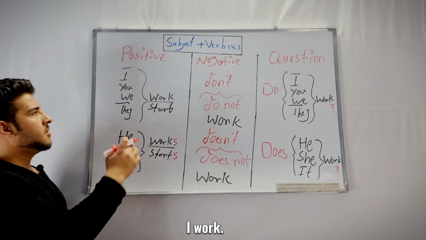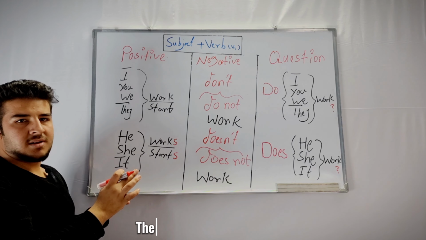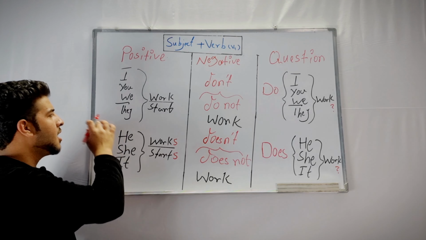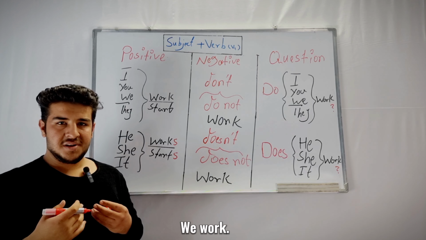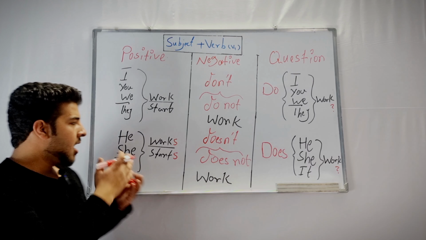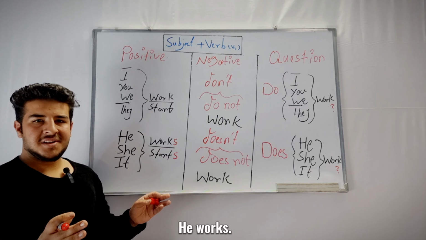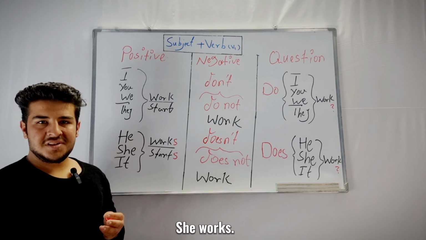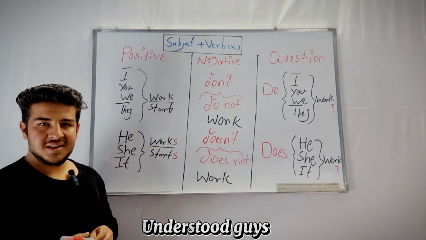I work. Subject plus verb 1, the base form of the verb. You work. We work. They work. Right, guys? And for singular nouns, he works. She works. It works. Understood, guys?